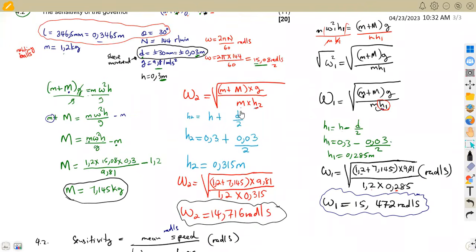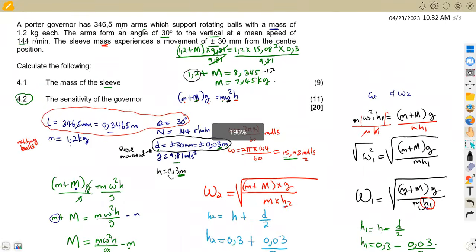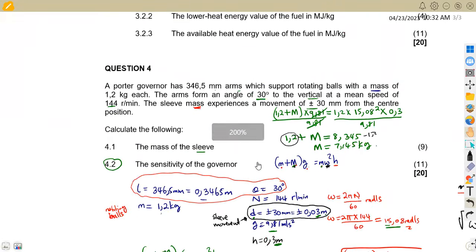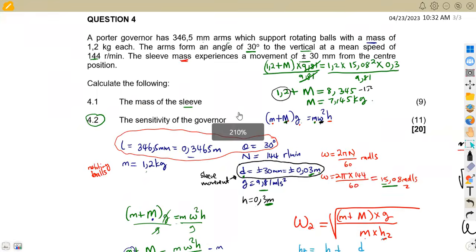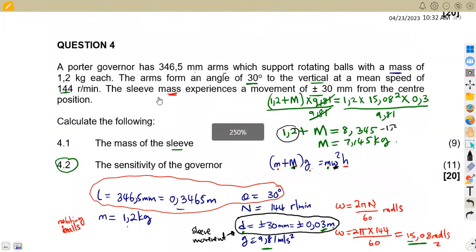The involvement of solving triangles from the diagram that we had before, the one that I erased, means you have to be very careful. So that was our question 4, with 20 marks, on a Porter governor. You have to revise more questions and know how to take the information that you're given, then apply your formulas properly.